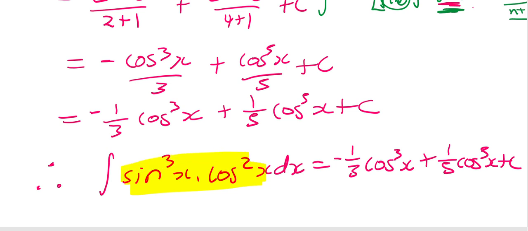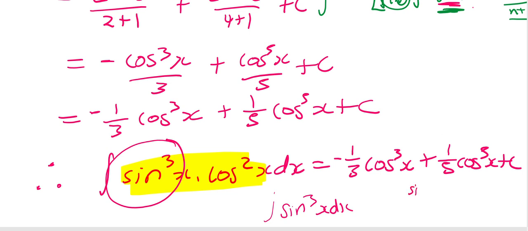Just to recap, we looked at our problem and we see that it's the product of a sine function and a cos function. Now when either m or n is odd, meaning that one of the powers, whether it's the power of cos or the power of sine, is odd, we split the odd power and use the identity sine squared x plus cos squared x equals 1.